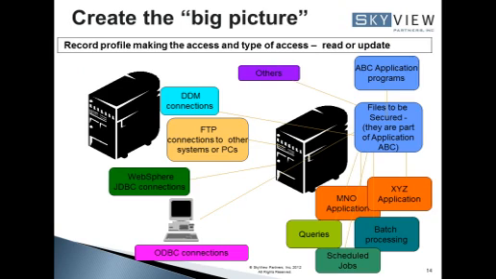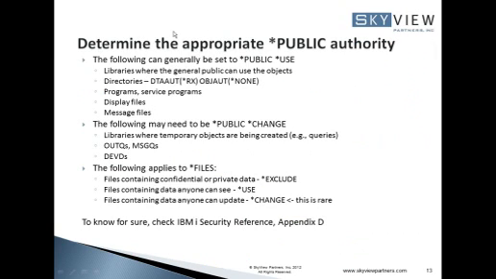So let me go back one screen a moment. We've talked about how you determine the appropriate public authority. Now, a public authority, or that default authority, is one step, but to avoid that breakage and avoid the situation where you set the files to be public exclude and then everything starts to fail, what you need to do is to determine how the data is being accessed from outside of the application.